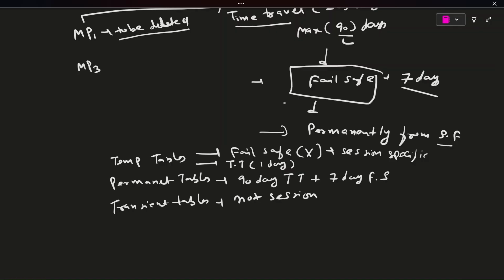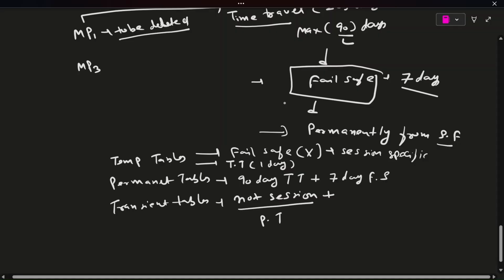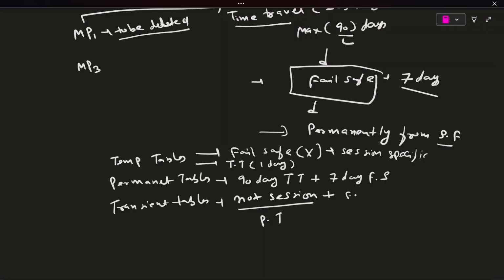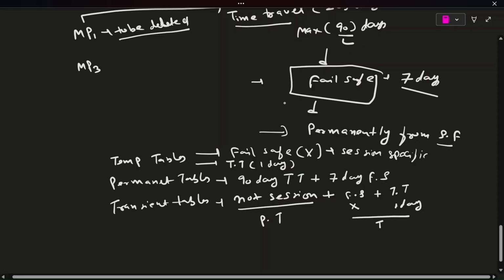This is your permanent table property. Plus they will not have any fail safe feature, no fail safe, plus time travel also I think 1 day. Got it? So this is your temporary table property.